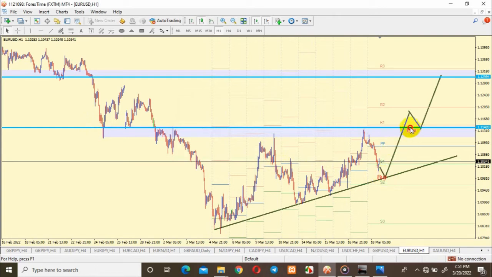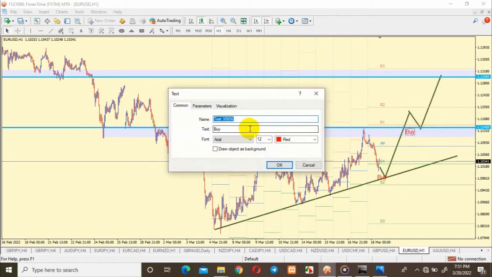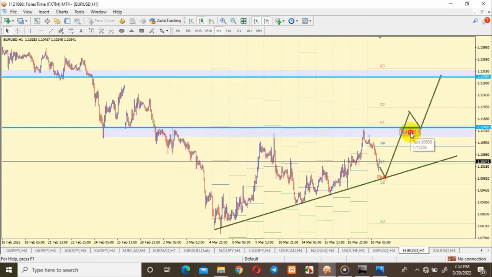First target profit, because we know where the first target profit is. So we'll say target 1. Target profit should be this zone.